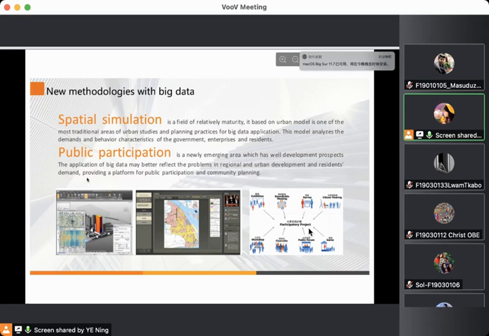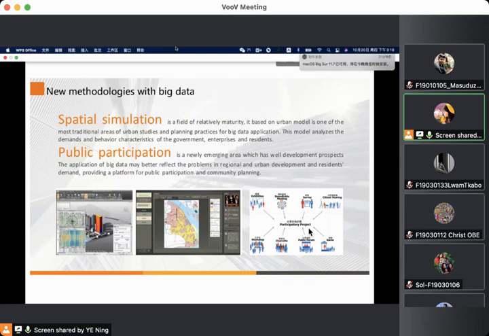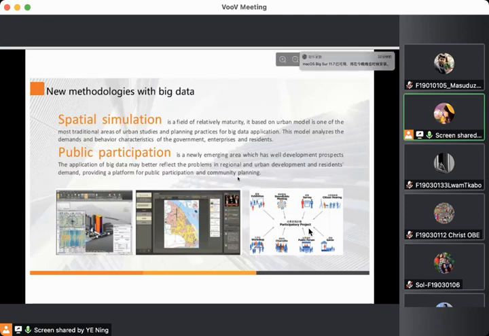And it provides a platform. Pay attention here: these platforms in the future will integrate together, organized like a cloud. Okay. And public participation and community play. What is a community play?